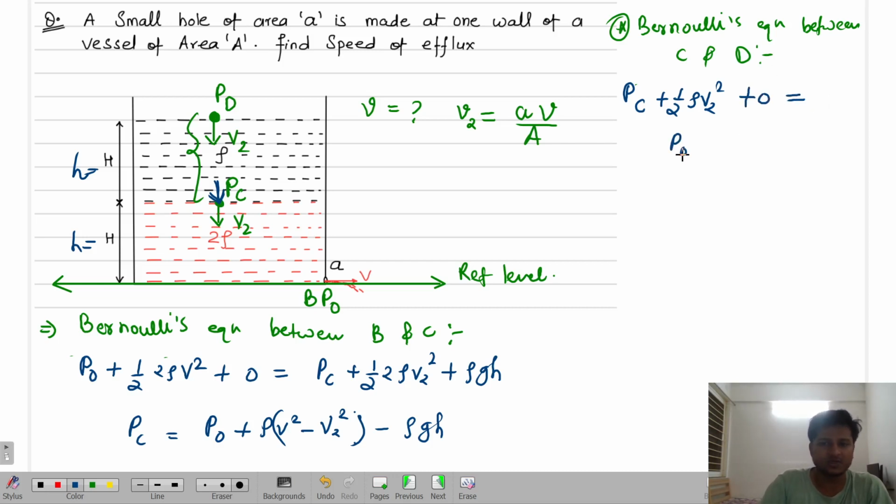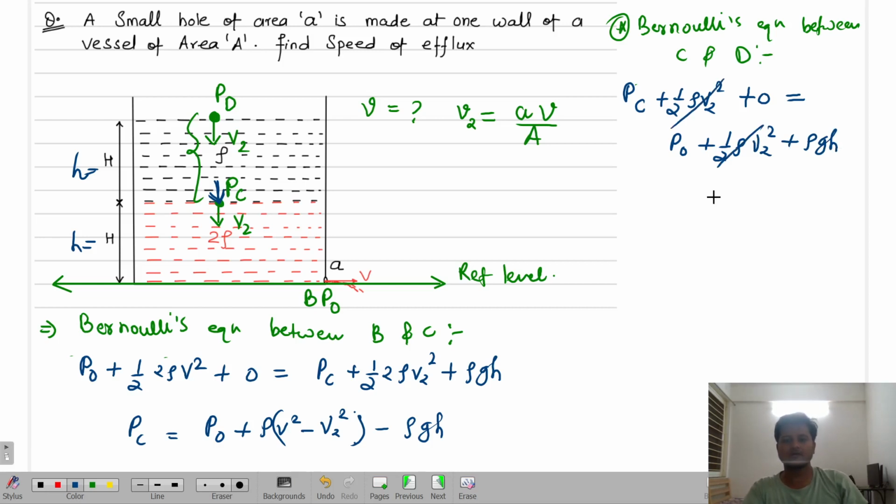PD pressure is P naught plus half rho V2 square plus rho GH, isn't it? Is that clear? So once again this half rho V2 square got cancelled and PC is equal to P naught plus rho GH.